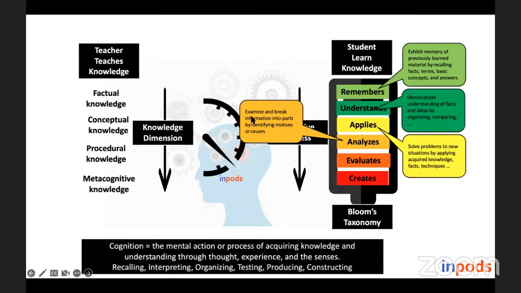When we expect the student to be at analysis level, the student should be able to examine and break the information into parts by identifying the motives or the causes. To be at evaluate level means to present and defend opinions by making judgments about information and the validity of ideas.